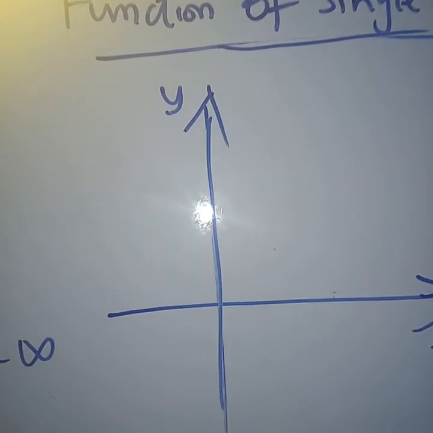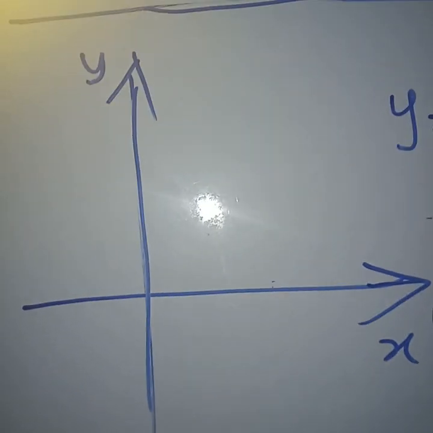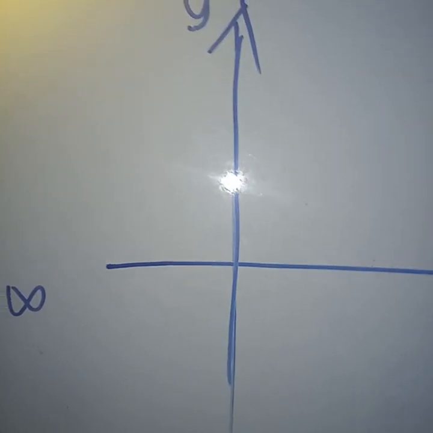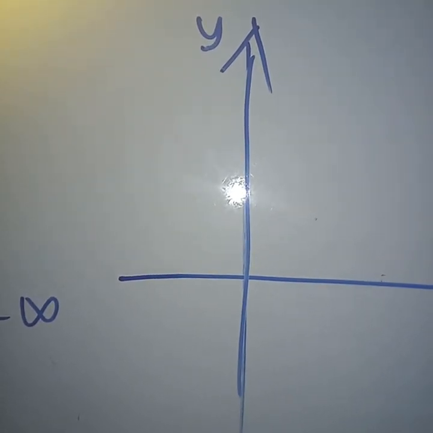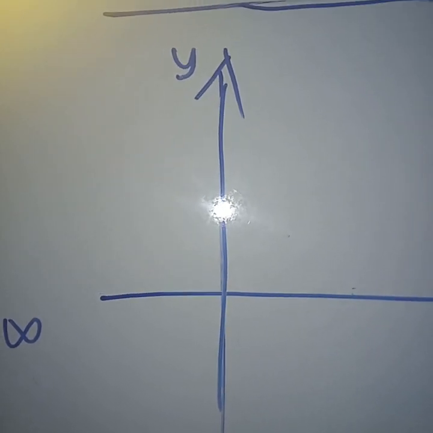So we want to know, when there is a value for x, what is y doing, or how does y look? Okay, so this is what we refer to as a function.